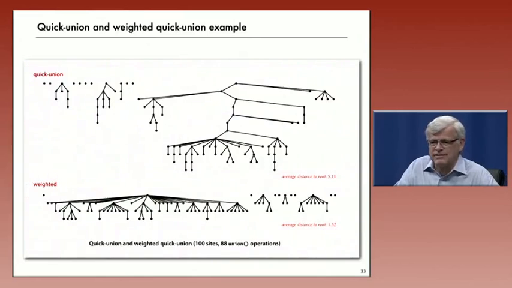This is with 100 sites and 88 union operations. You can see in the top, the big tree has some nodes a fair distance from the root. In the bottom, for the weighted algorithm, all the nodes are within distance 4 from the root. The average distance to the root is much, much lower.